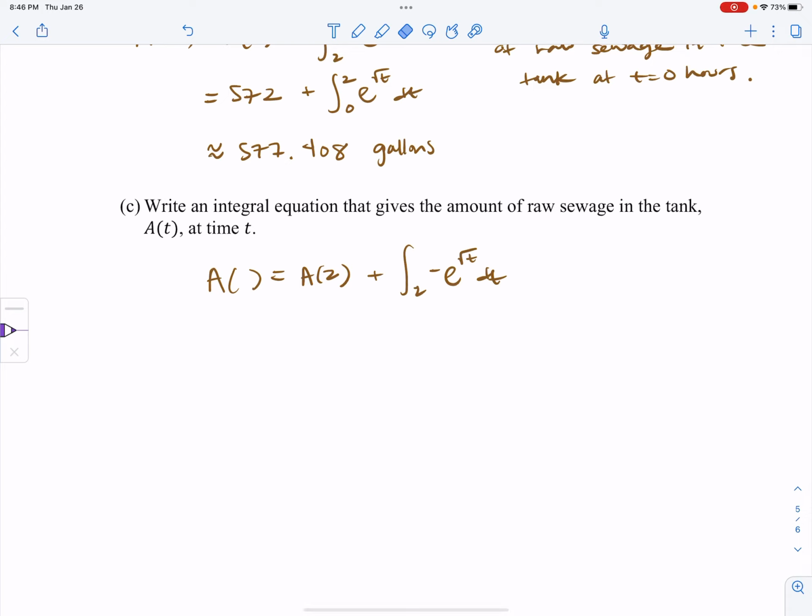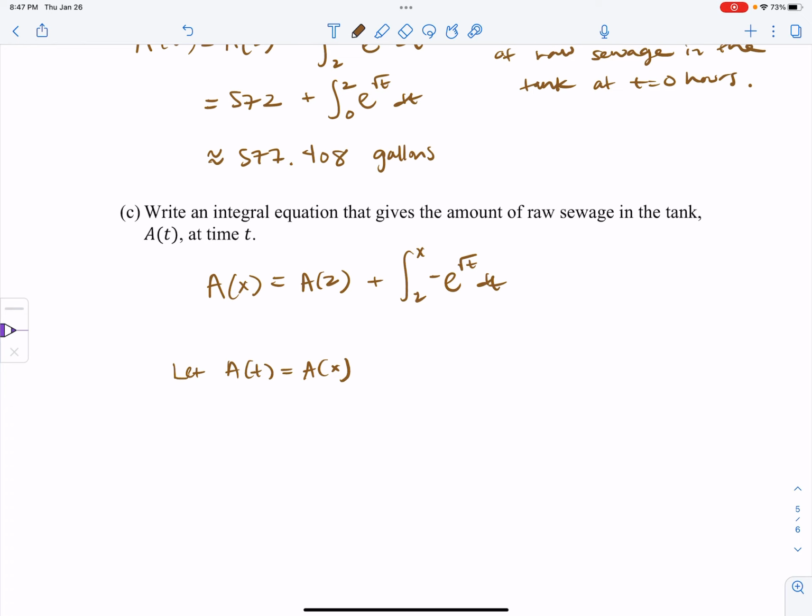Here, I'm going to use X. That should be an X. So I'm going to let A of T equal to A of X. Okay, and that'll give us the amount of raw sewage in the tank at time T, or time X.